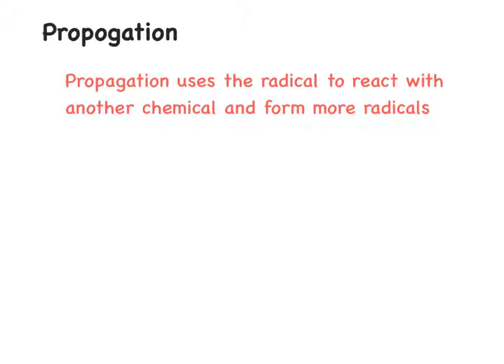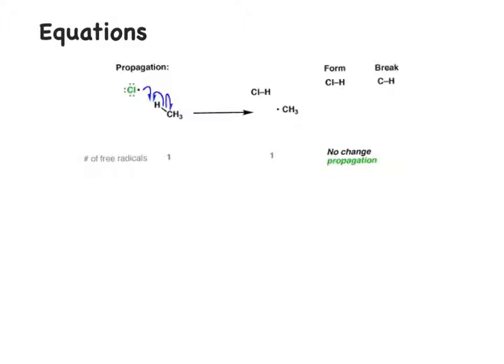Propagation has the radicals then causing further reactions. And normally we form more radicals in this, and they keep pushing on and on and on. So the example we're going to use is this chlorine radical coming next to a methane molecule.